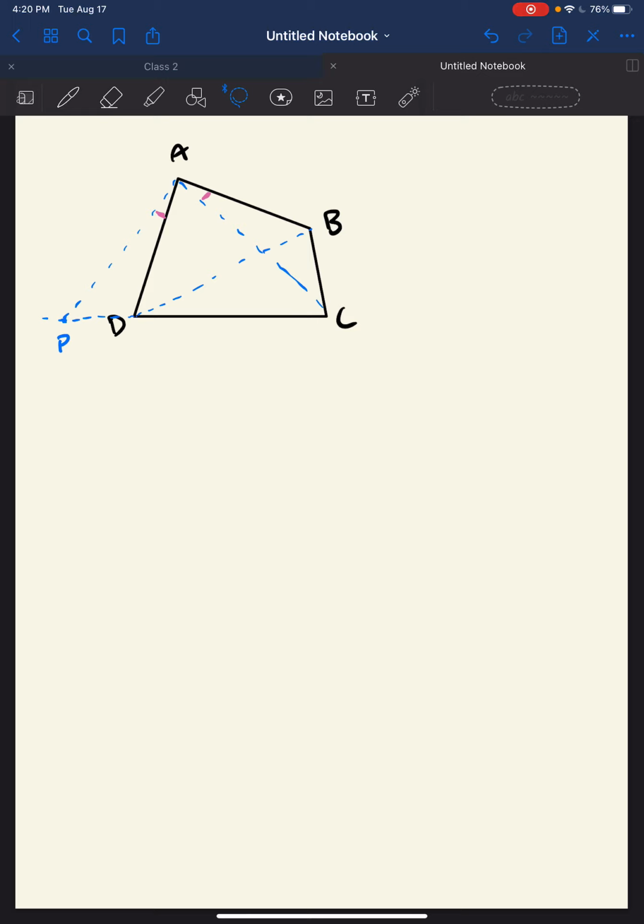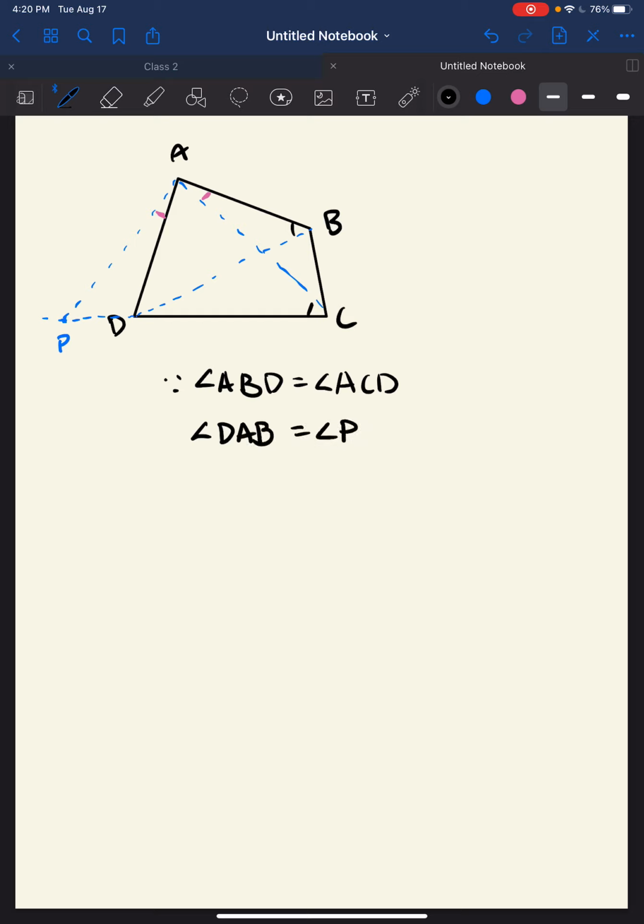Then we try to prove another similarity. Because angle ABD, which is this angle right here, equals angle ACD, because they have the same arc AD, remember ABCD is the cyclic quadrilateral, and angle DAB equals angle PAC, which is this one.